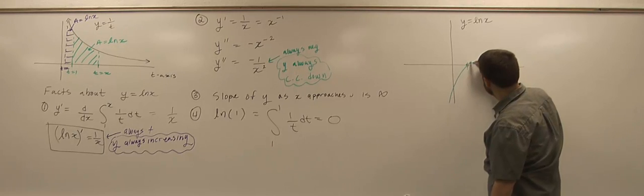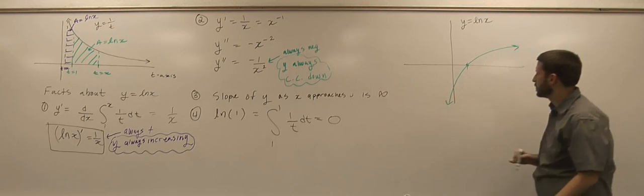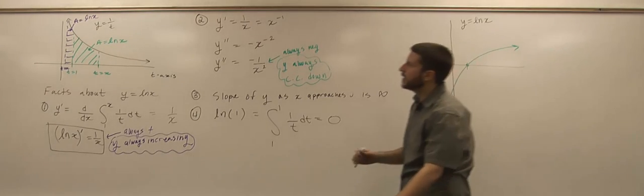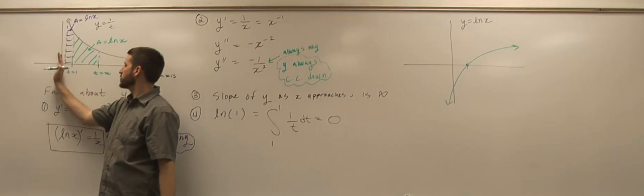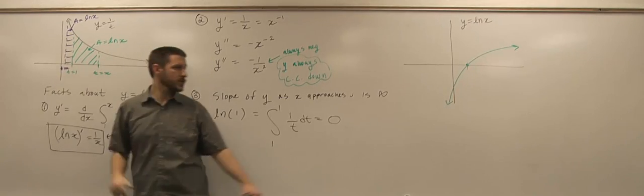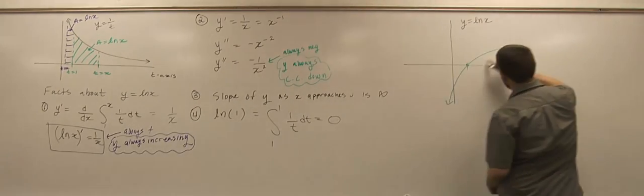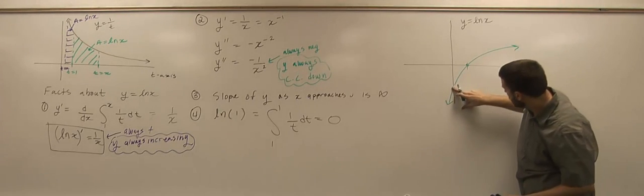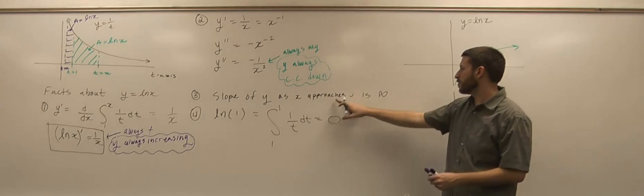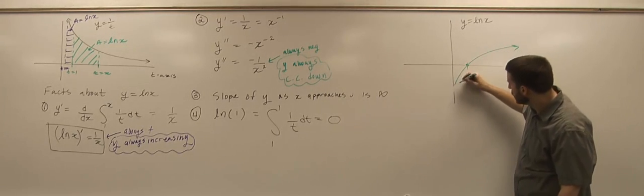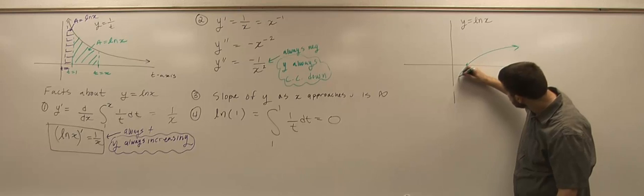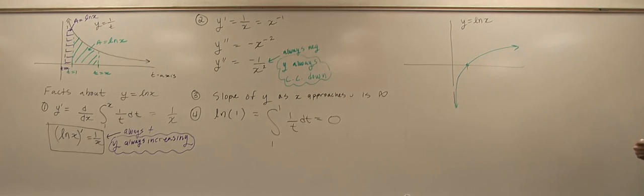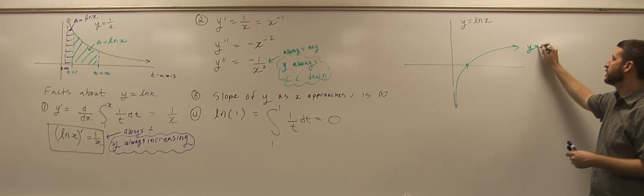Why is this wrong? Yeah, my definition said that I have to have x greater than 0. So this isn't quite right, even though it's always increasing and concave down. So I have to use the fact that my slope is approaching infinity as x goes to 0. So I have to make this steeper and steeper as x goes to 0. This is ln x.